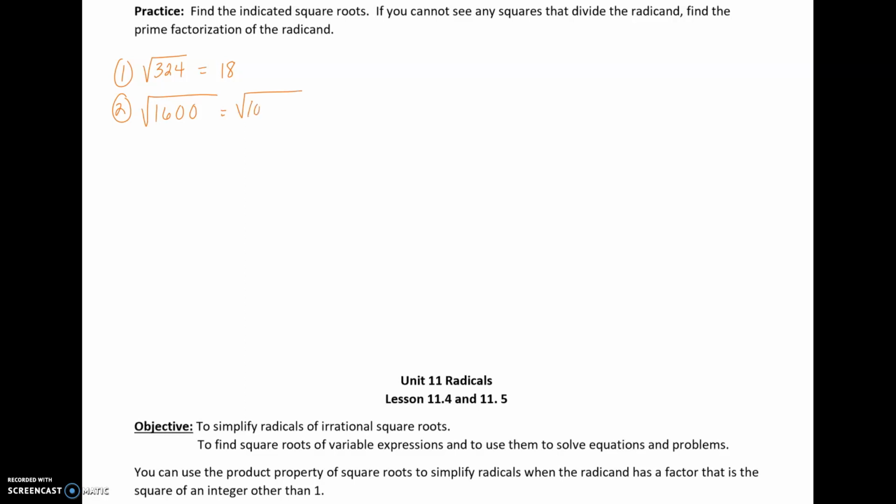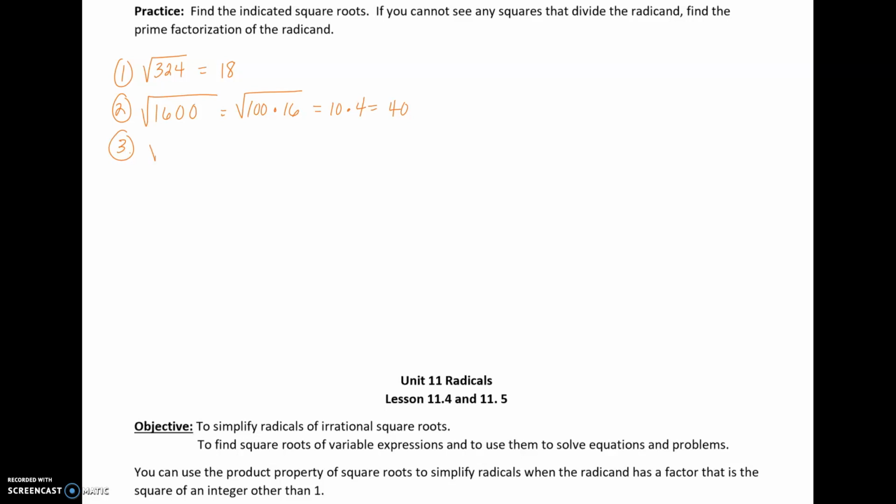What comes to mind is 100 always, and 100 times 16, both of those are perfect square factors. The square root of 100 is 10, and the square root of 16 is 4. So the square root of 1600 is 40, but we were able to determine that without just knowing it through the tables.